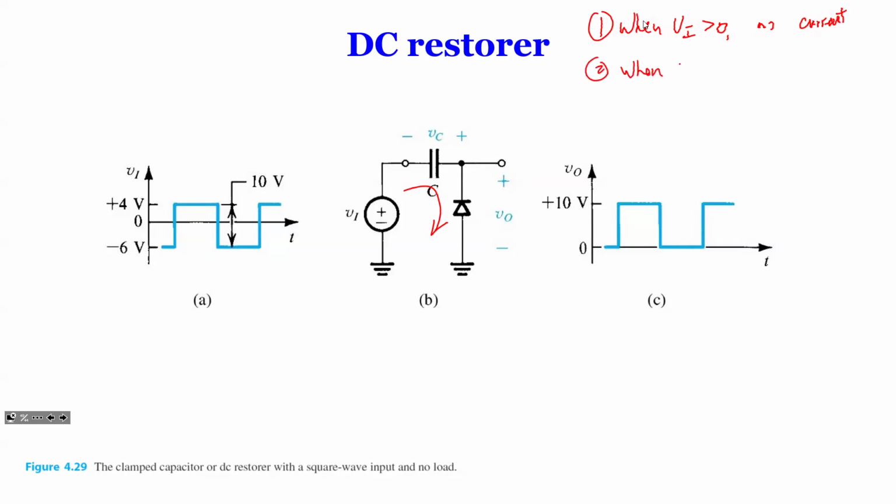But when VI is less than 0, what happens? You have current flowing, right? Okay. So in this case, assume VD is 0. Now, of course, you don't have to assume it's 0, but certainly this simplifies our analysis. So assume VD is 0, how much would you get for VC?